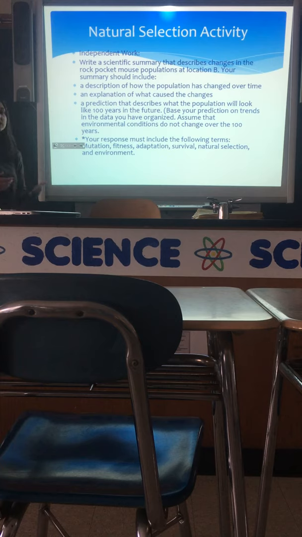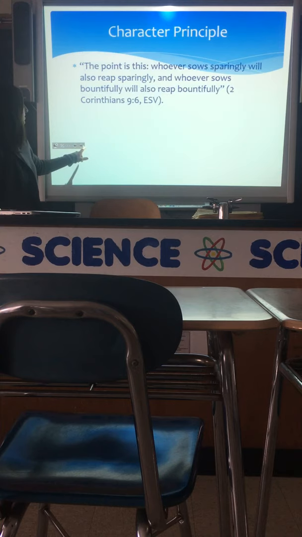So base it on the trends, use your graph to help you, and your response needs to include the following terms: mutation, fitness, adaptation, survival, natural selection, and environment, okay? So that should be pretty simple, but if you have any questions, just let me know.